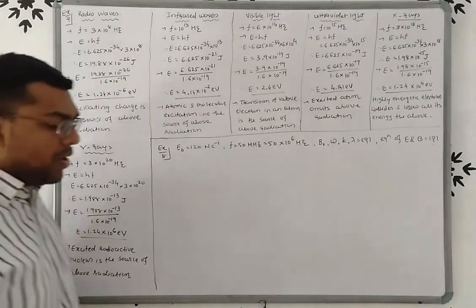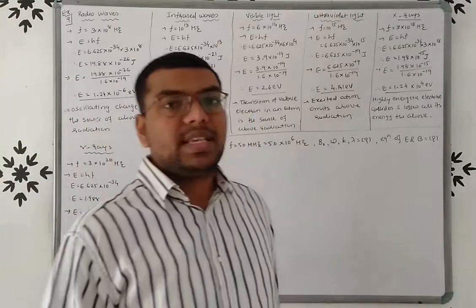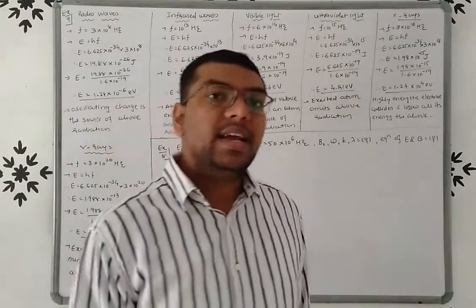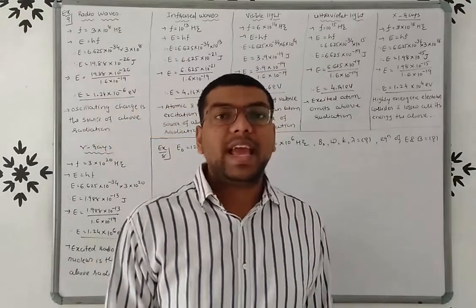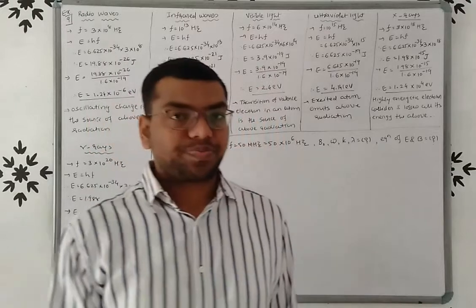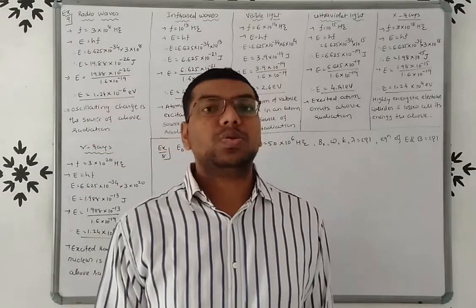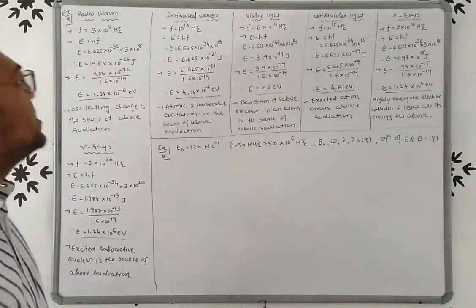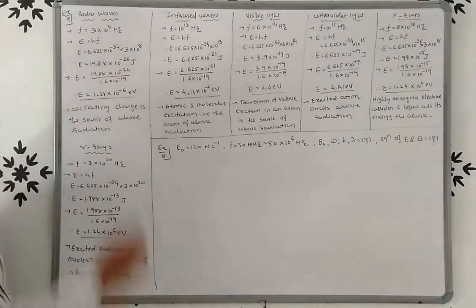We already know the frequency of these rays. Here we have to find out the energy in electron volt, and we have to say the source of that. So first, friends, see the radio waves.